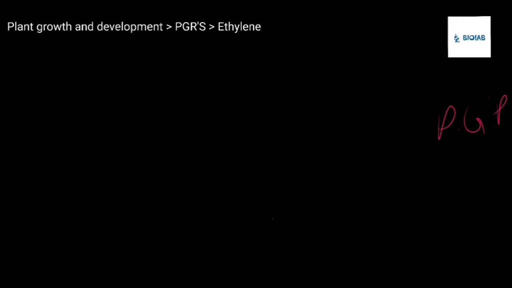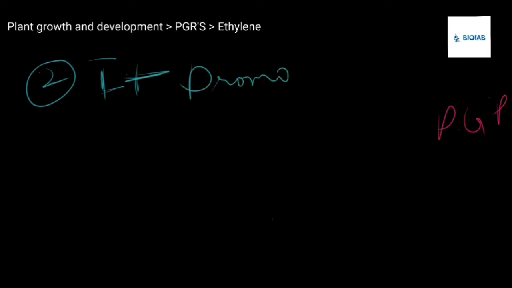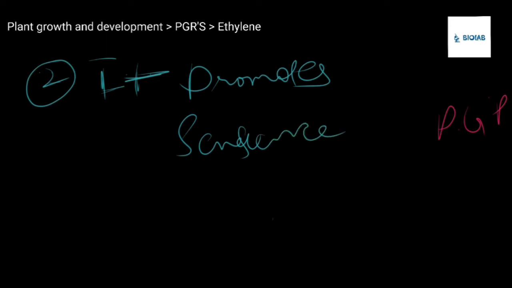All other PGRs either delay or inhibit senescence, but the interesting thing about ethylene is that it promotes senescence and abscission.